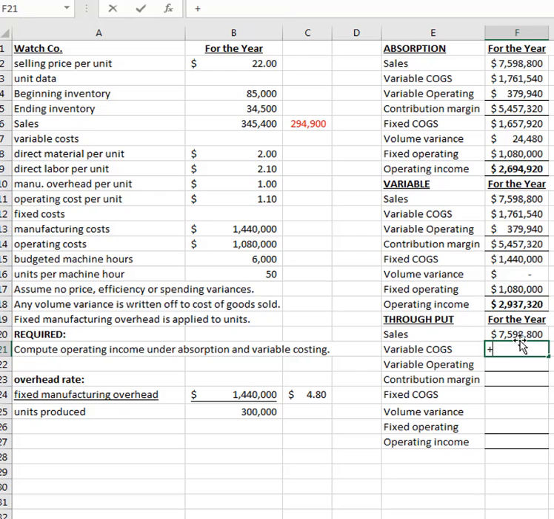All right, the variable cost of goods sold for throughput is just going to be the materials times the units sold, because everything else is expense. The variable, there's no difference. Fixed cost of goods sold is going to be all the labor, all the variable, times what was produced, plus the actual fixed overhead for the period.